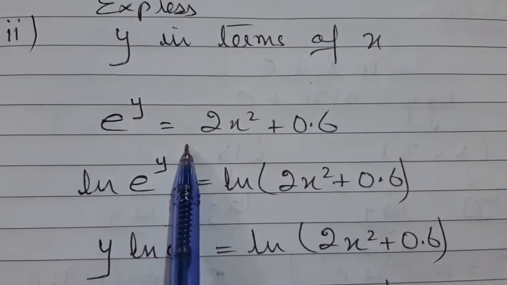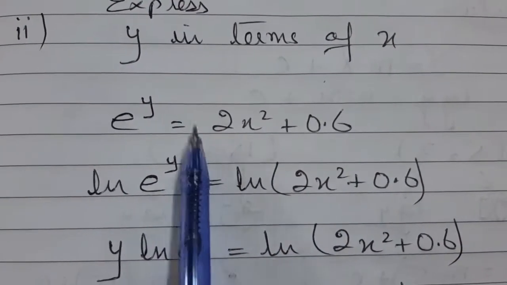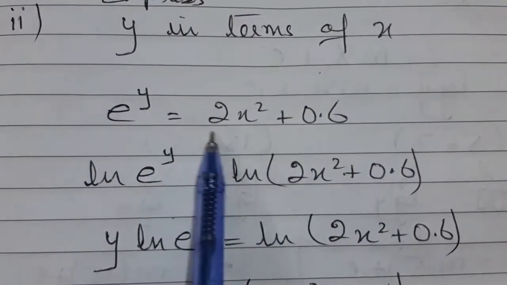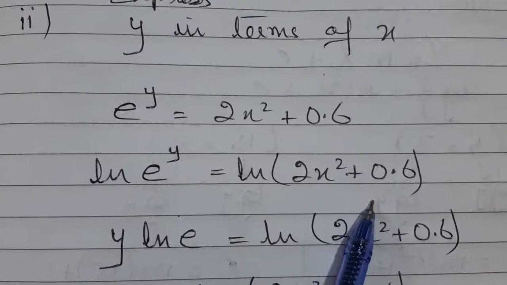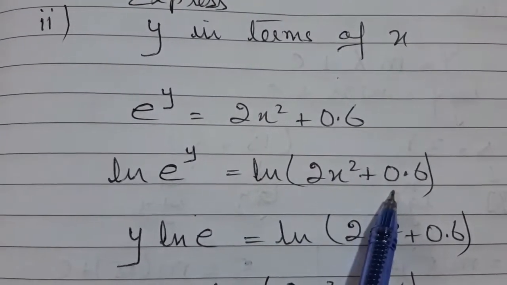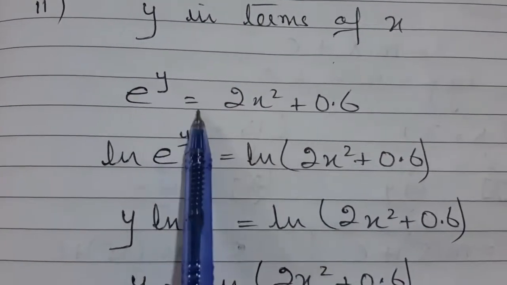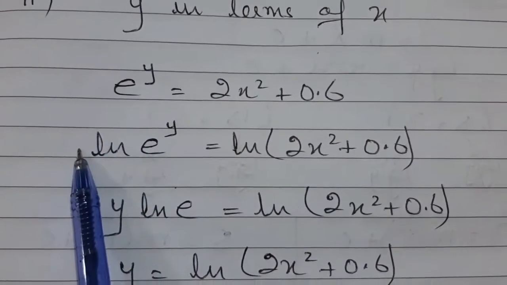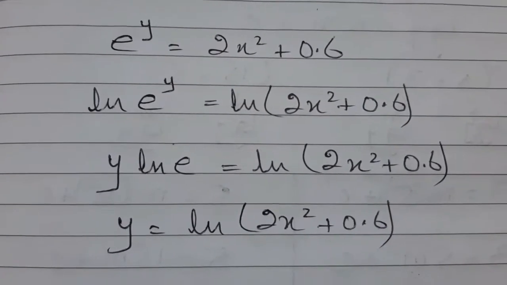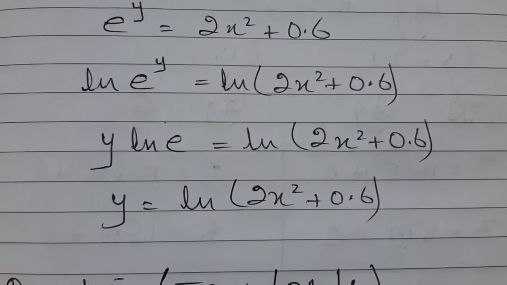When we take ln in any equation on both sides, we consider one term on each side. So that's why I'm putting it in the bracket, right? And it doesn't mean this into this plus this into this, not at all. Okay, so I'm applying the power law. Y is going down here and ln e is 1. So this is the equation of y in terms of x.